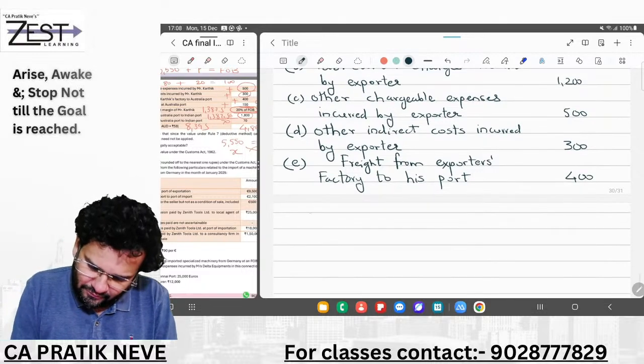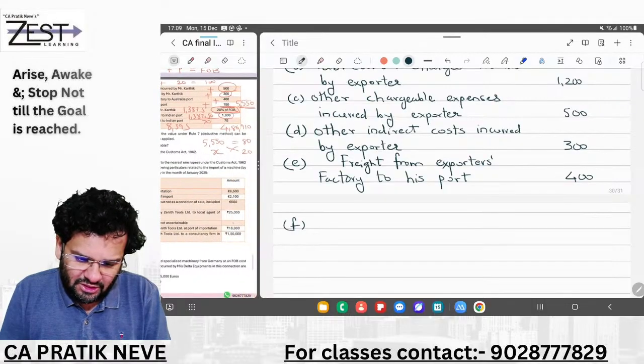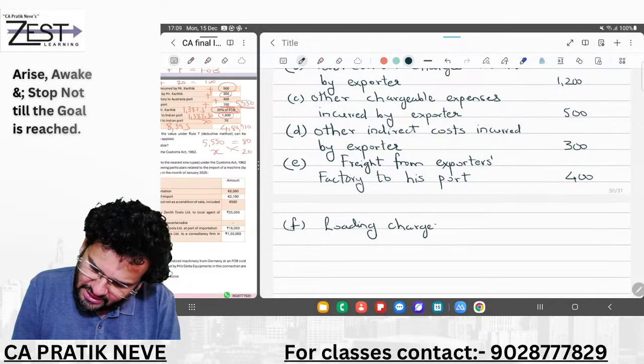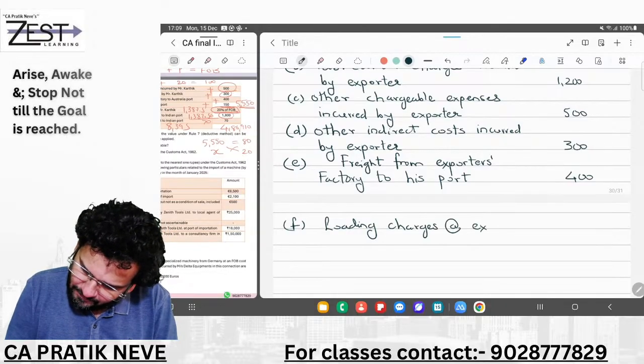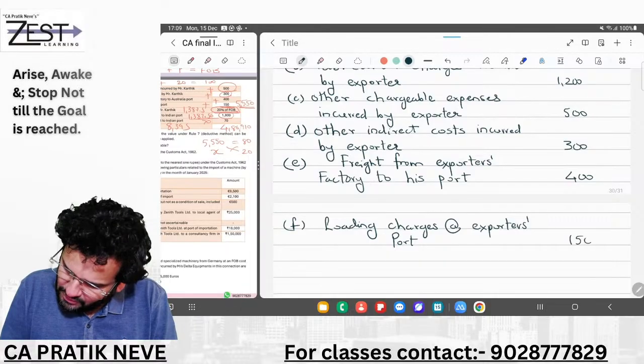And then you have 150, which is loading charges at exporter's port, which is 150.